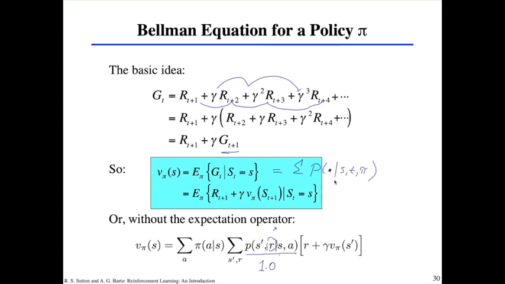I'm just putting a dot here of that, right? And well, probability of really an action. And then we know that for some action, we'll get a reward, right?